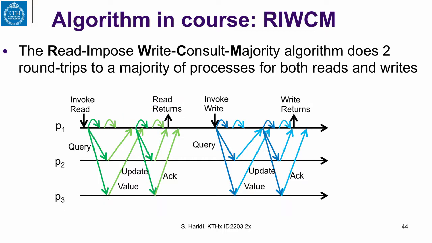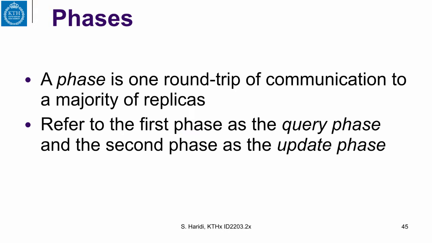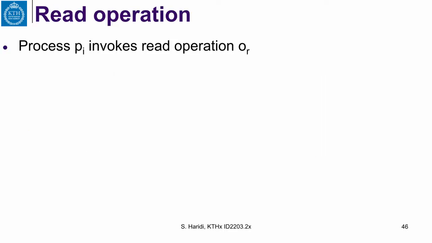We have seen this in the section on shared memory, the algorithm that provides linearizable read-write registers. Let us look in detail at the different phases. A phase is a round trip of communication to a majority of replicas. The first phase is called the query phase, and the second phase is called the update phase. A process Pi invokes a read operation.